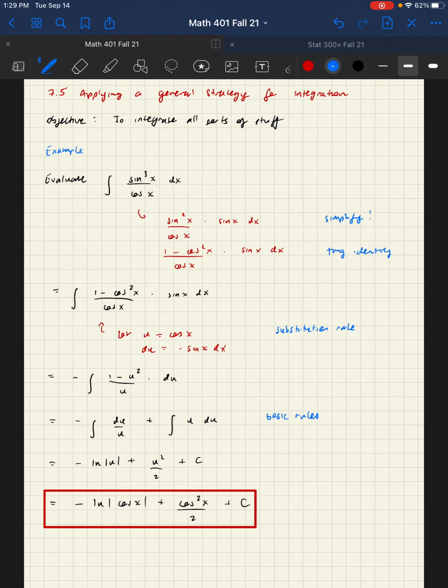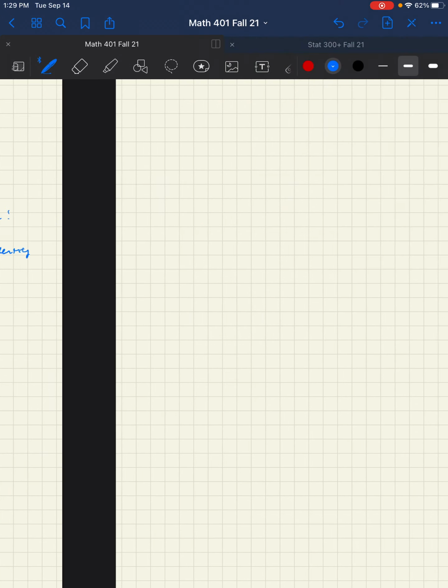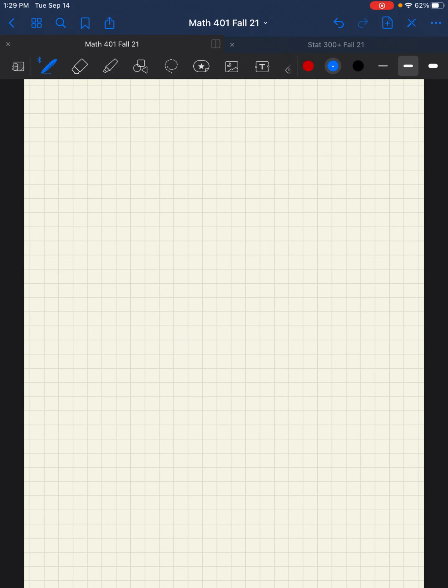So this is very similar to the more general techniques that we discussed in the trig integrals. But the key insight here was to think about how to simplify first. And so even if you forget how to use those techniques that we learned in 7.2, we can rediscover them by applying this more general strategy. So it really is quite powerful.